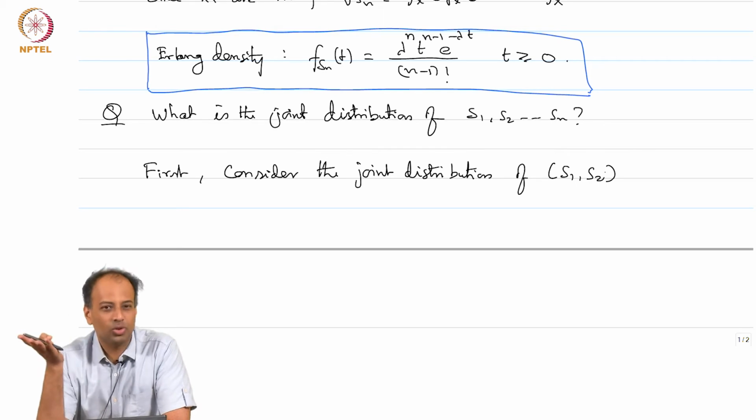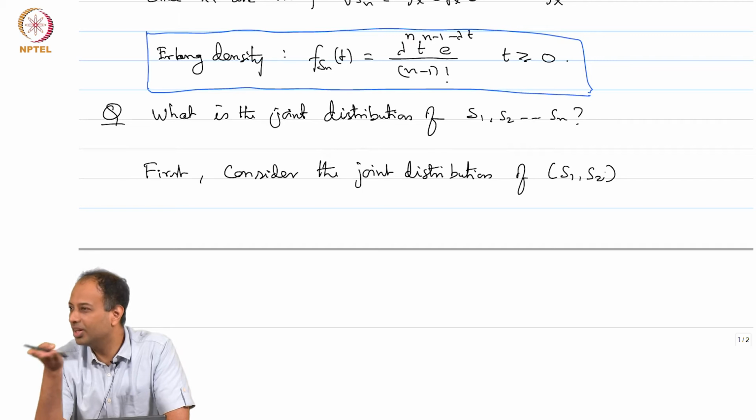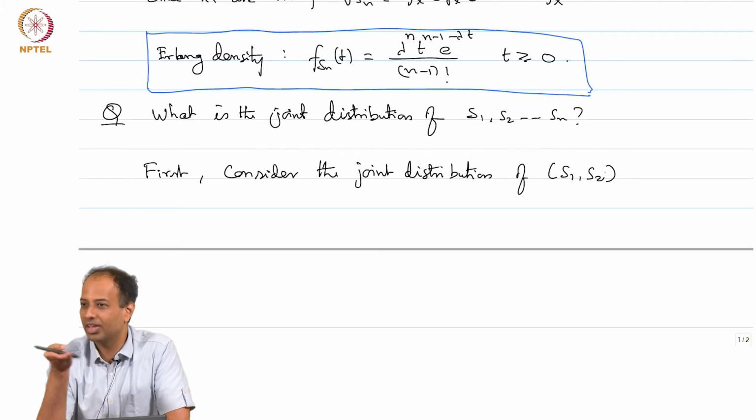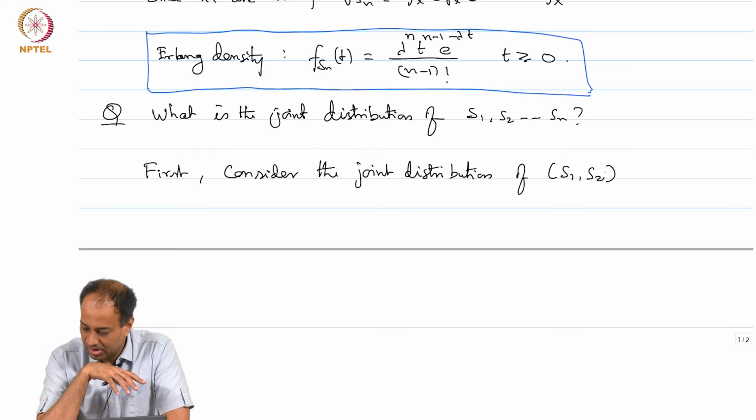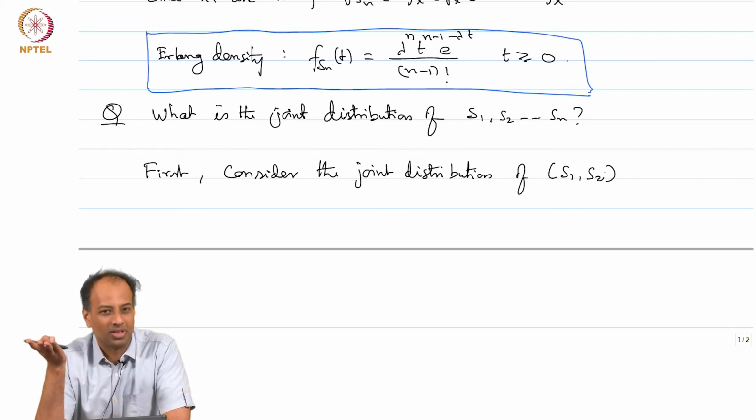Of course, X1 and X2 are independent, but S1 and S2 are dependent, so they have some joint distribution, which is not just the product or anything. S2 has to be bigger than or equal to S1, so they are clearly dependent.